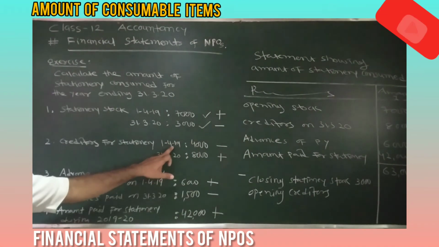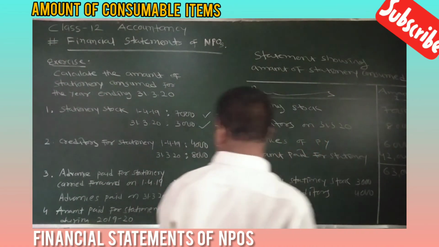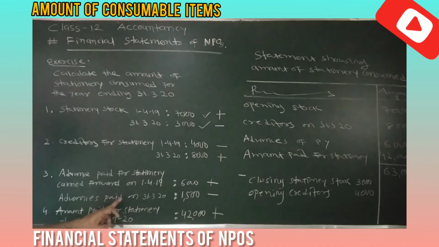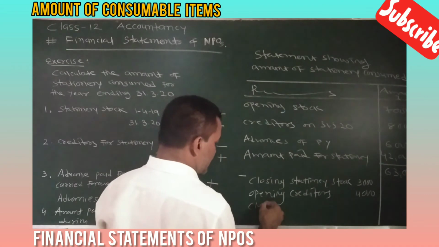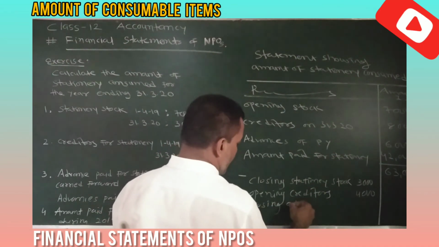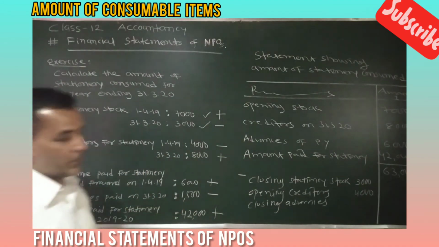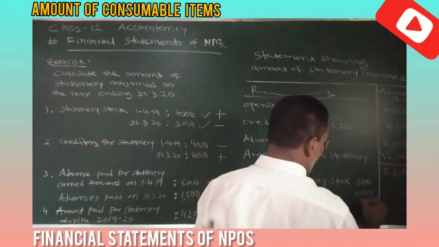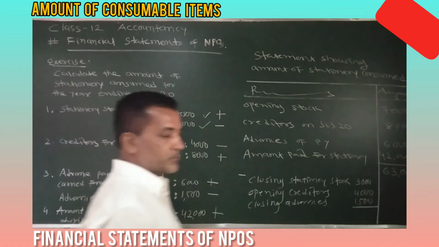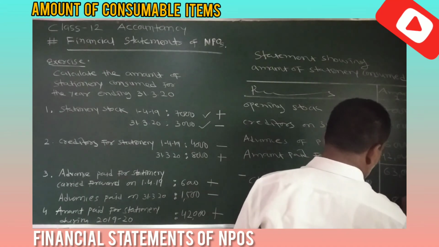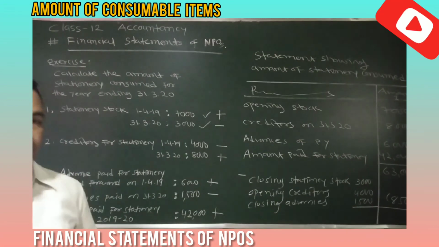And the creditors on 1st April 19 are 4,000 rupees. And advances paid on 31st March 20 is 1,500. That means closing advances, rupees 1,500. So the total of these three items is 8,500. 8,500 you have to minus from 63,000.